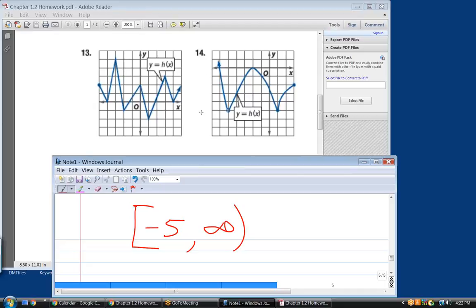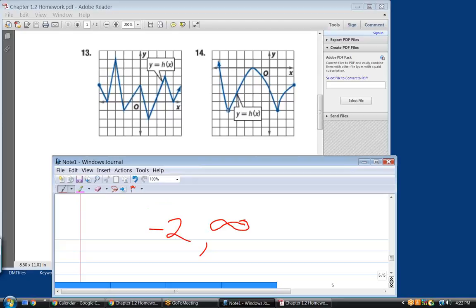Okay. What's the range on 13? The lowest point I see is -2, and then the highest I see is 1, 2, 3, 4. Oh, is that because of the arrow? Yes.